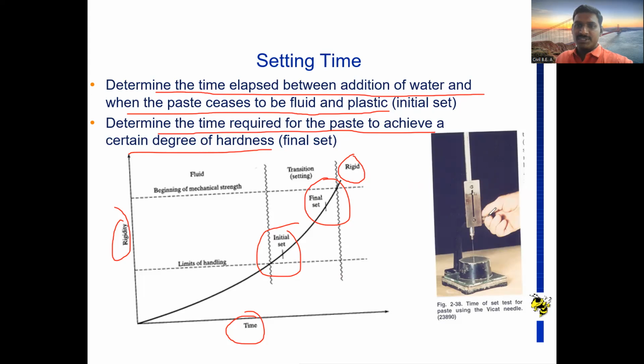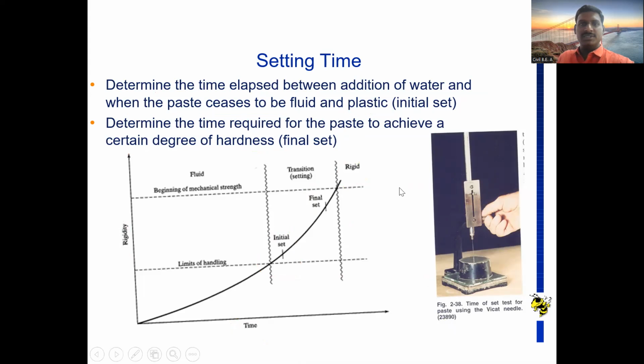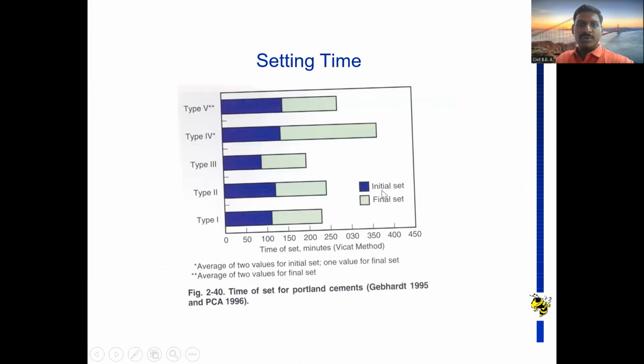If you see this picture, it shows the Vicat apparatus, and here we are performing the test for the setting time of the cement. For the initial setting and final setting, blue indicates the initial setting and the other color indicates the final setting.